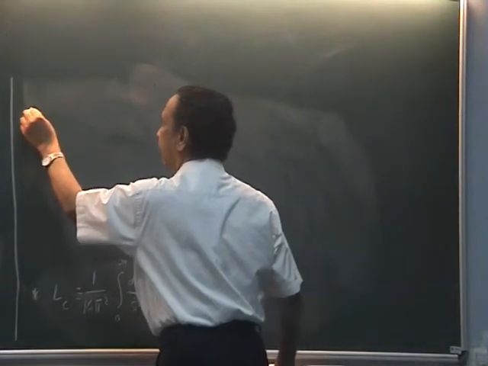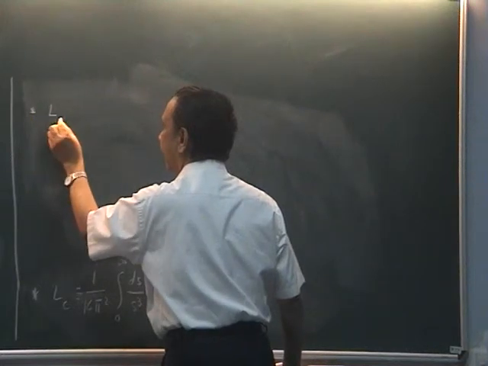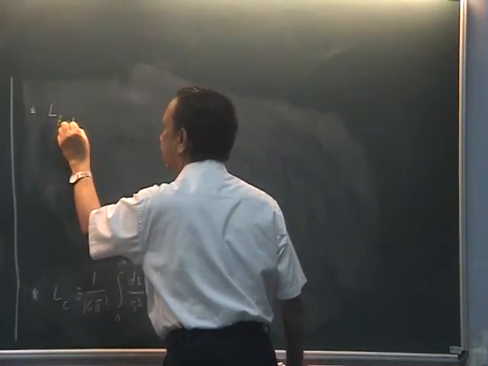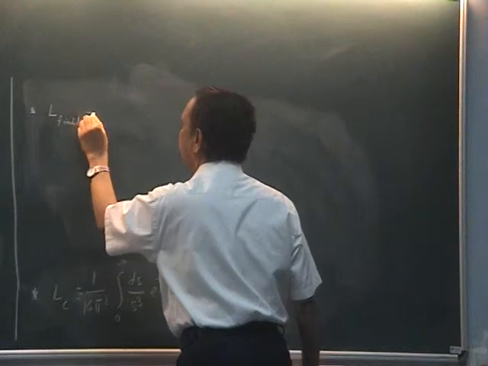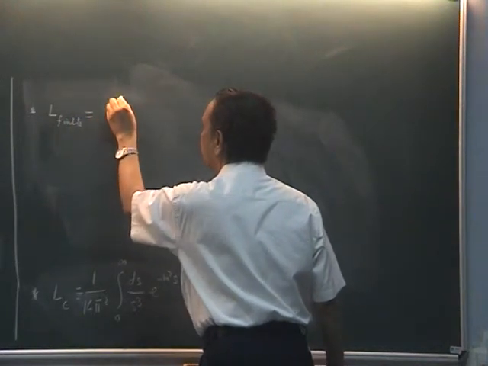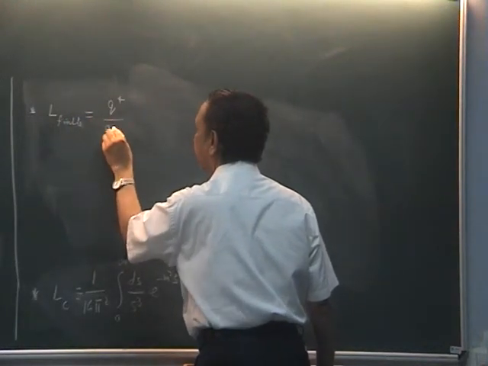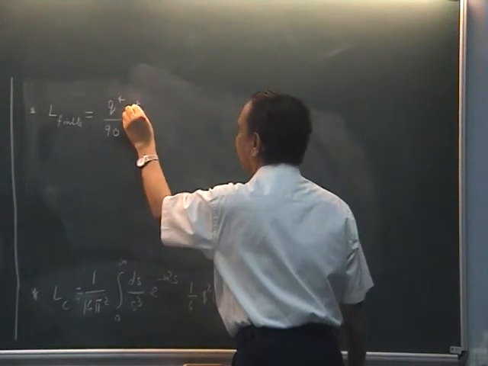So that Lagrangian, the lowest non-trivial order of that finite Lagrangian, is Q4 by 90, h cross over MC.